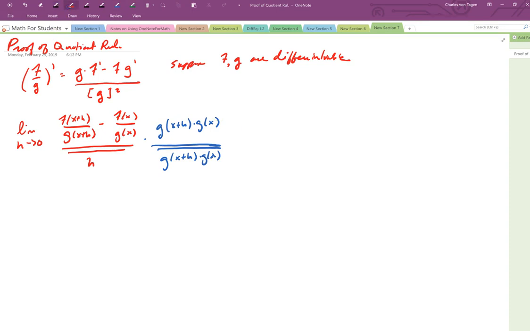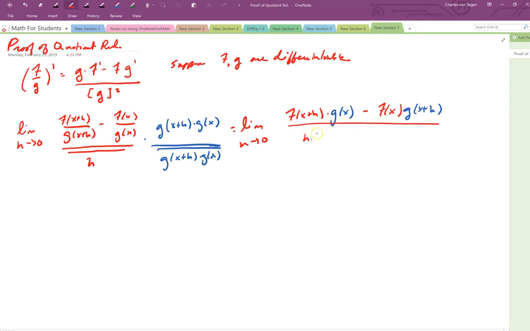If we clean things up, we get the limit as h approaches 0 of f of x plus h times g of x, minus f of x times g of x plus h, all divided by h times g of x plus h times g of x.